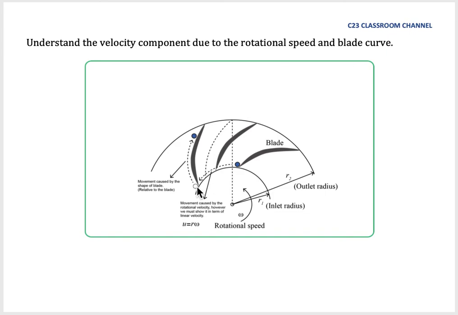Then this molecule also moves from here to here because there is a flow along the curve of the blade. This direction is influenced by the blade shape. So the molecule that enters the blade will be influenced by the rotational speed and the blade curve. It means we need to split the actual velocity into these two types of component velocity.